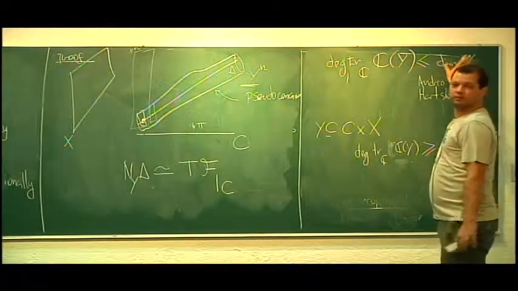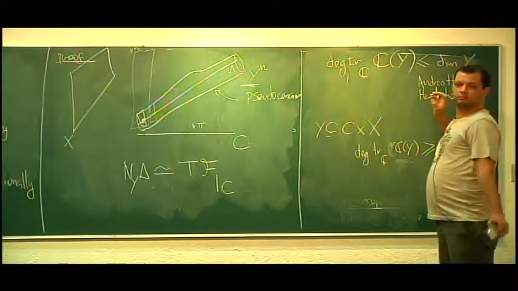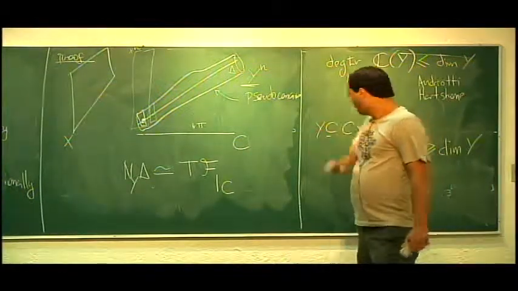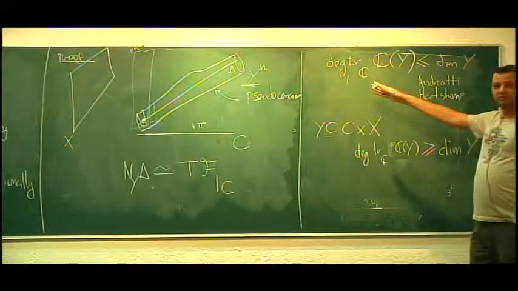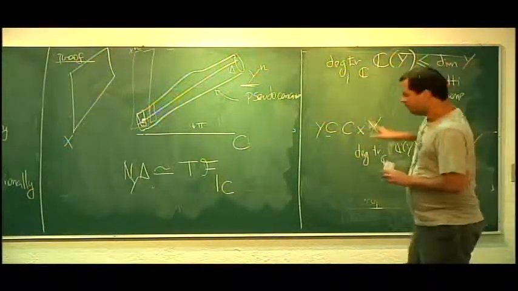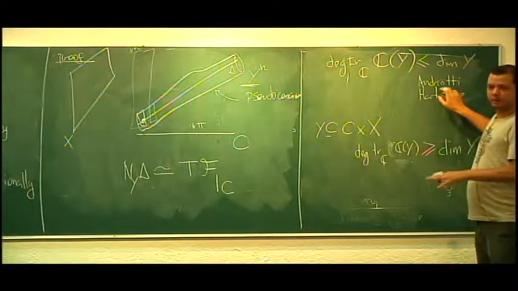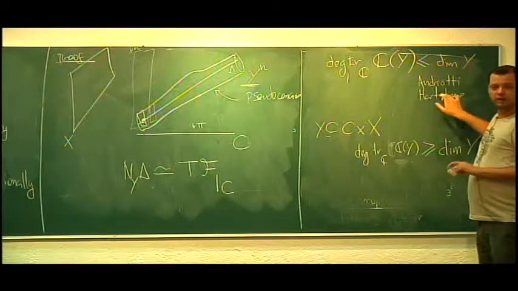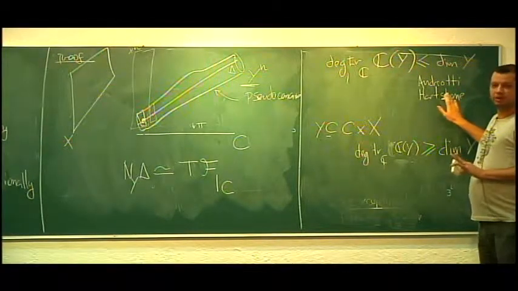Any pseudo-concave manifold, yeah. And Hartshorne is this: you have a subvariety with ample normal bundle. I don't understand the proof of Andreotti, I've never read it. The proof of Hartshorne can be explained in 5 minutes. It's really simple.